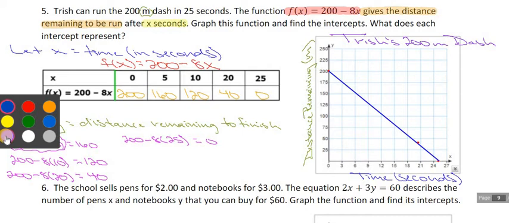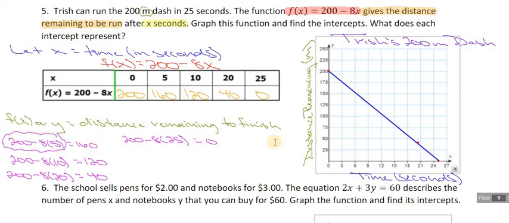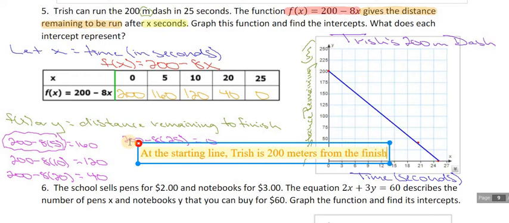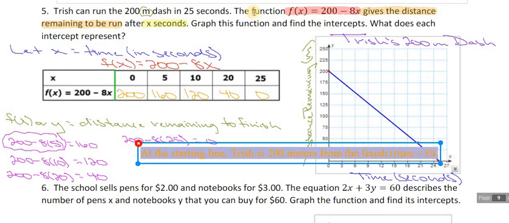Okay, so the race is literally 200 meters. At the starting line, Trish is 200 meters from the finish. Time equals 0. Okay, so she didn't start running yet.